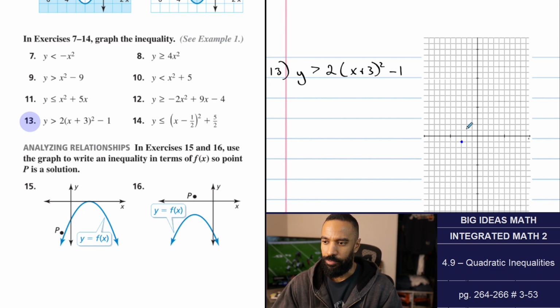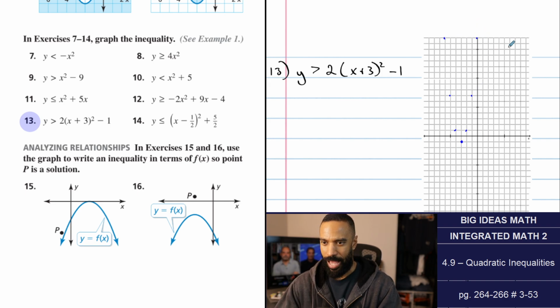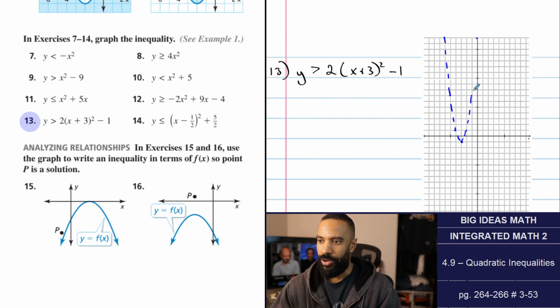My stretch factor of 2 is over 1 up 2, over 2 up 8, over 3 up 18, which I think hits that top. We will have a dotted boundary curve. We will be shading above. Greater than, this is a problem I'll assign to my kiddos. Greater than, shade above.